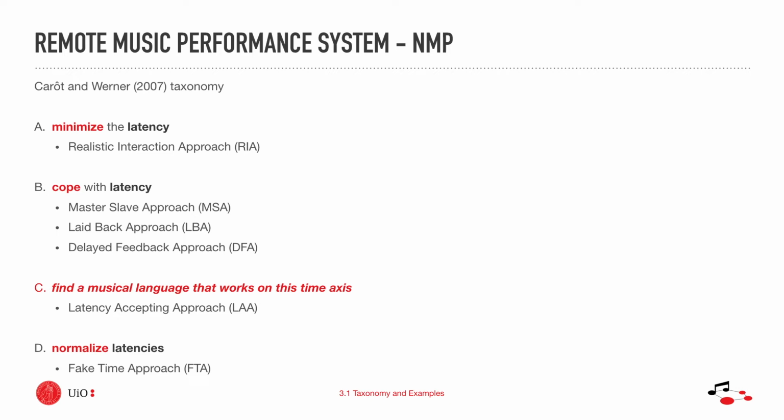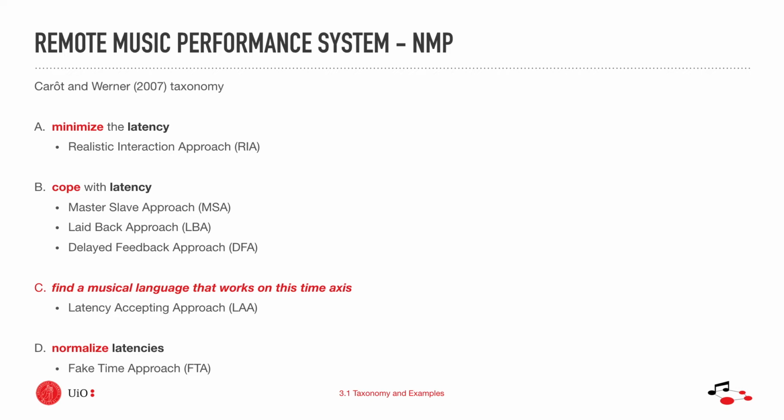Finding a musical language that works on this time axis means latency accepting approaches, and finally, normalizing the latency translates to the fake time approach. Next, we will give a look at all these possible approaches, together with existing tools that facilitate their adoption.